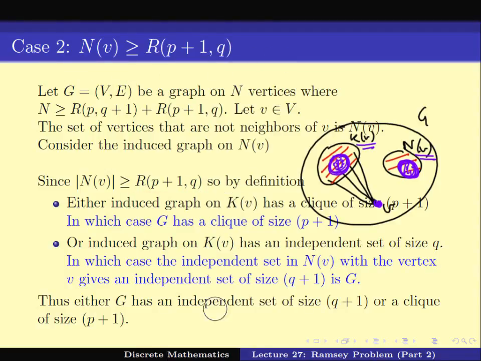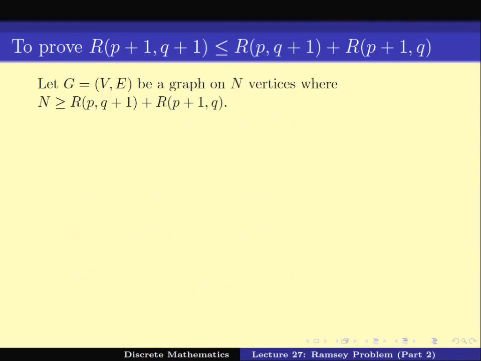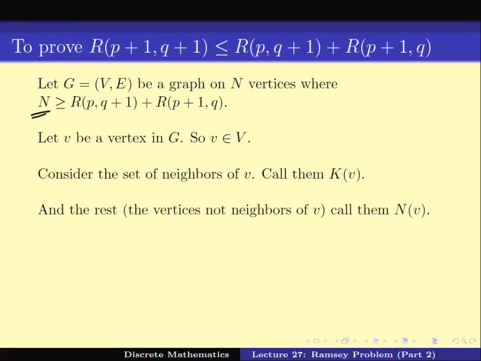So thus we started with this graph G, which has number of vertices greater than or equal to R(P, Q+1) plus R(P+1, Q). We picked any vertex v, looked at the neighbors and the non-neighbors.